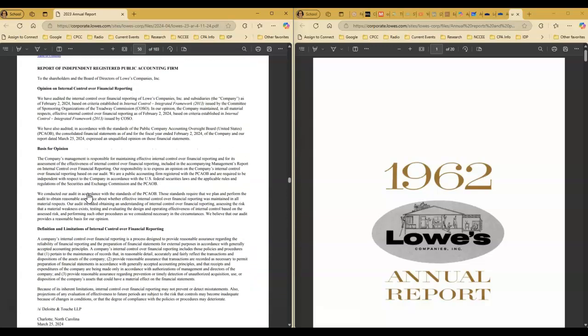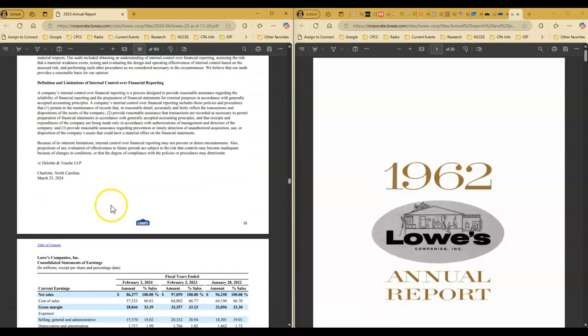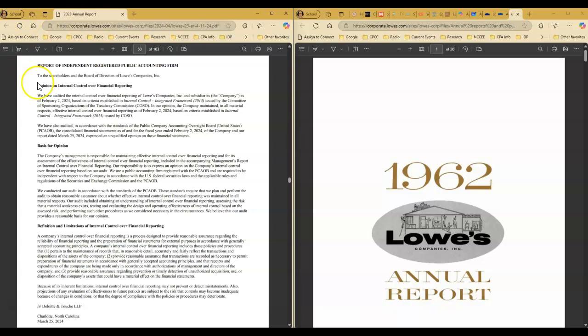So a couple of things that I want to point out is if you scroll to what is showing on this page 38, this is, notice, the report of the independent registered public accounting firm. So if you're thinking about an accounting career, starting off in public accounting is a really good way to go because you sit for the CPA exam, get your CPA license, and that tells everybody that you know what you're doing.